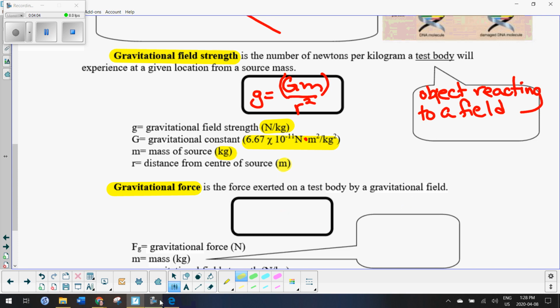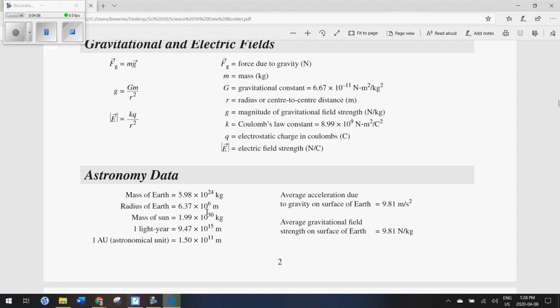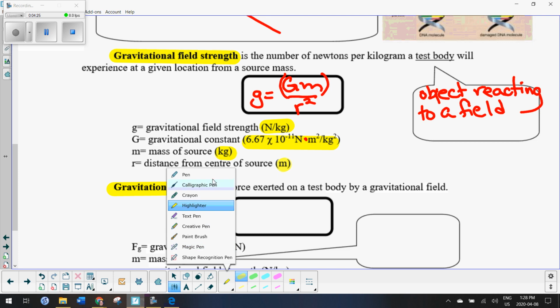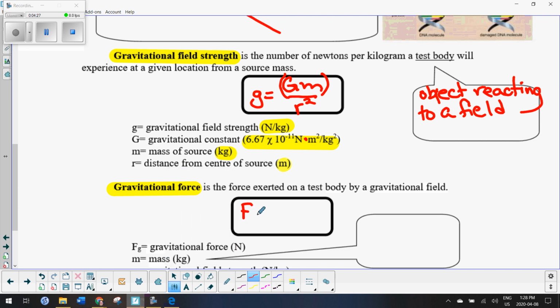Going back to the data booklet, force of gravity equals mass times your gravitational field strength, which is little g right here. So we're going to put that in our formula here. Force equals mass times your gravitational field strength.